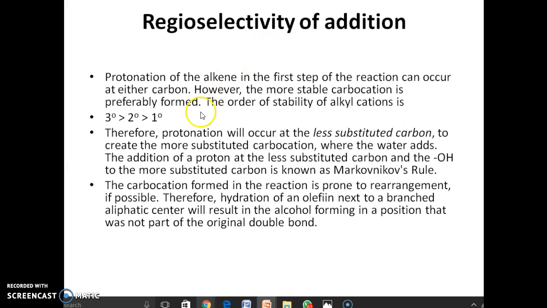So this protonation of alkene in the first step of the reaction can occur at either carbon. However, the more stable carbocation is preferably formed. The order of stability of alkyl cations, or carbocations, is given like this: tertiary is more stable than secondary, which in turn is more stable than primary.